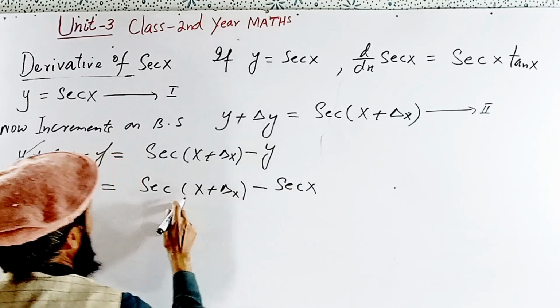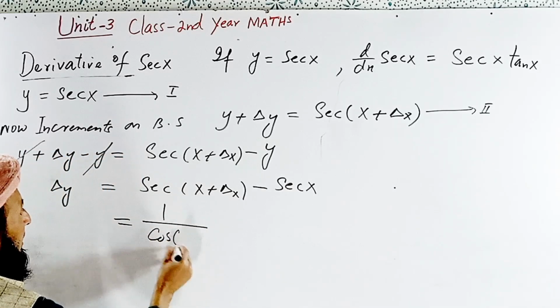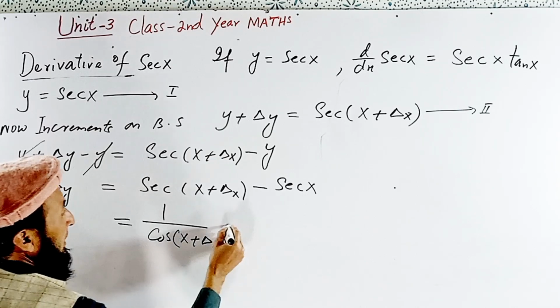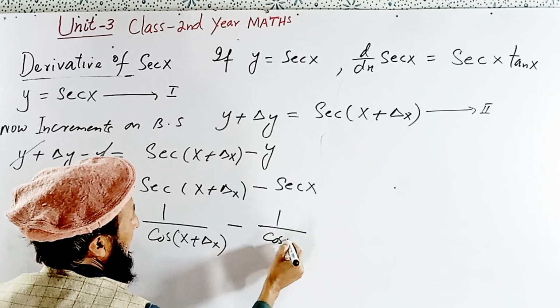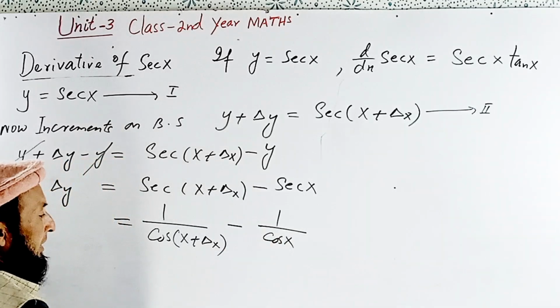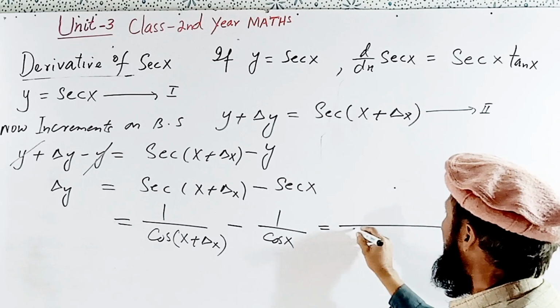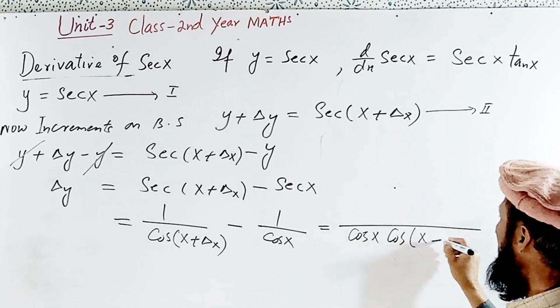Now secant theta we can write as 1 divided by cos theta, but here theta is x plus delta x, and similarly secant x is 1 over cos x. Now we take the LCM, cos x and cos of x plus delta x.